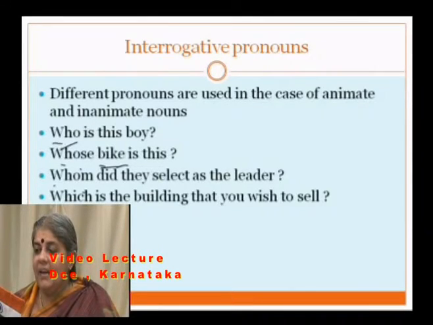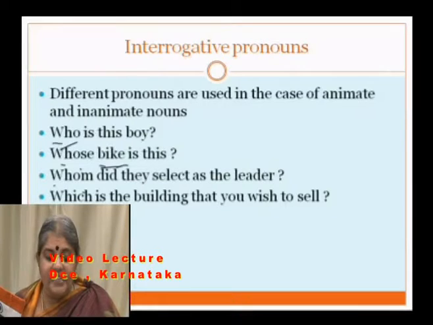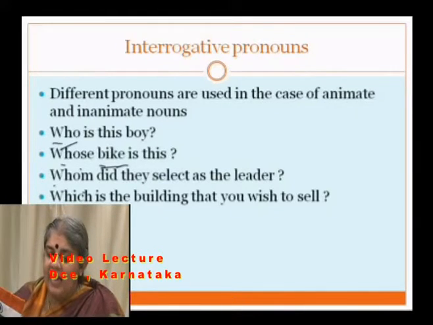An inanimate noun. Which is associated with what? Which is associated with building. So, now in the four examples you have seen, who is associated with animate, whose is associated with inanimate, whom is associated with animate, which is associated with inanimate.